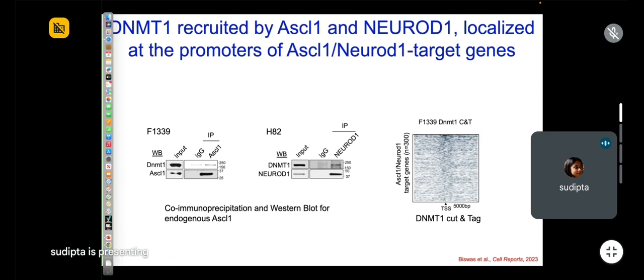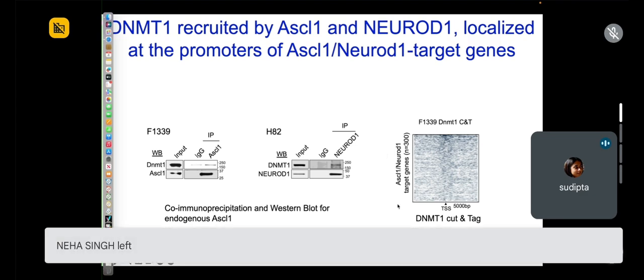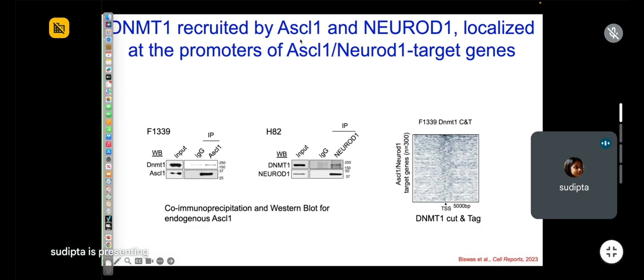First of all, before knockdown, I wanted to see whether DNMT1 is the one regulating the neuroendocrine gene expression and whether it is recruited there. ASCL1 and NEUROD1 are the key transcription factors that regulate the differentiation genes.